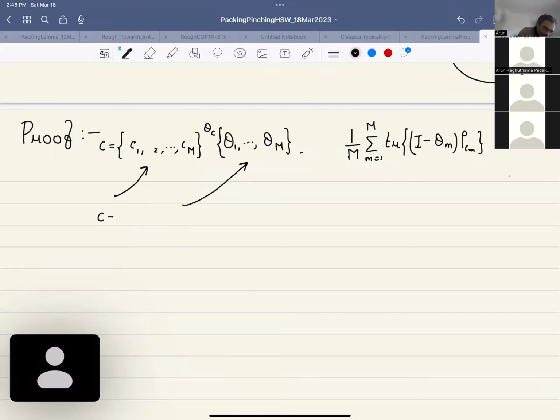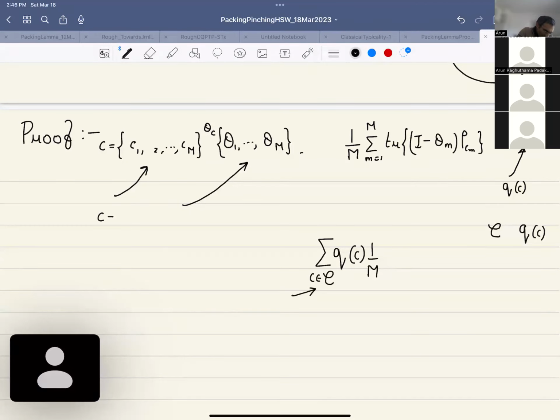Now suppose we pick this C with a particular probability Q of C. So every collection C, we pick it with a probability Q of C. Then I can average over the entire choice of collections.